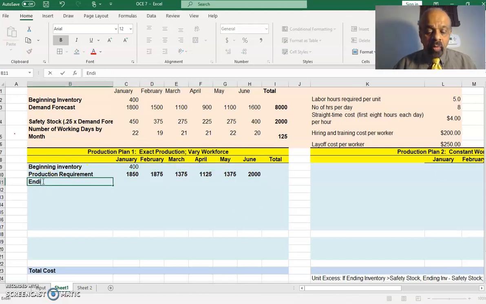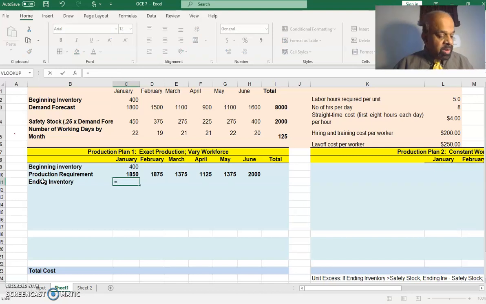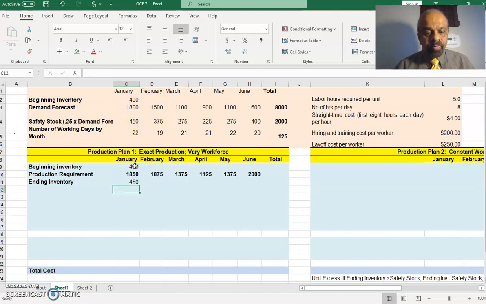Now I can calculate what is the ending inventory. My ending inventory is going to be equal to the production requirement plus my beginning inventory, which is 400, minus the demand forecast, which is 450. So my ending inventory is what I have minus what I have used.